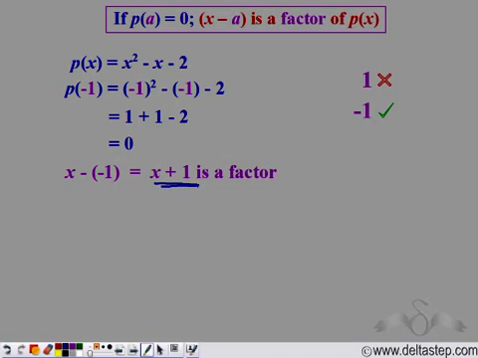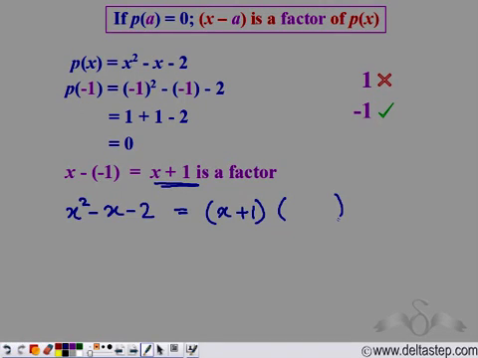So we can say that x plus 1 is a factor of P(x). Now our aim is to factorize P(x). So x square minus x minus 2 can be written as (x plus 1) into something, because x plus 1 is a factor of this. Since we have an x square term here and this is x plus 1, we'll have some more factors here.